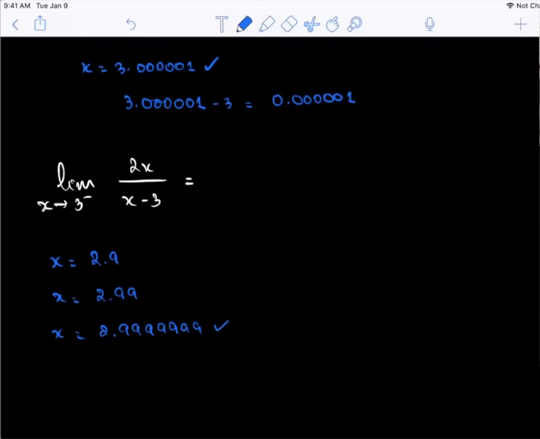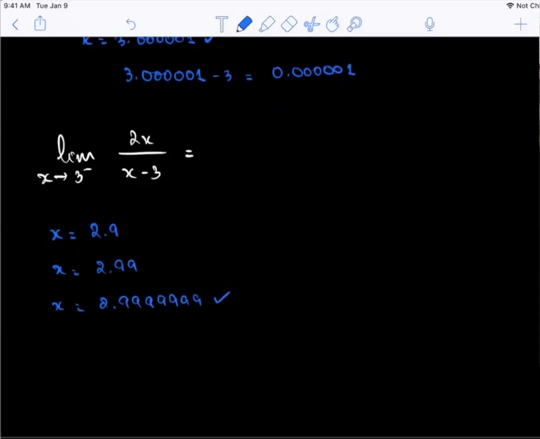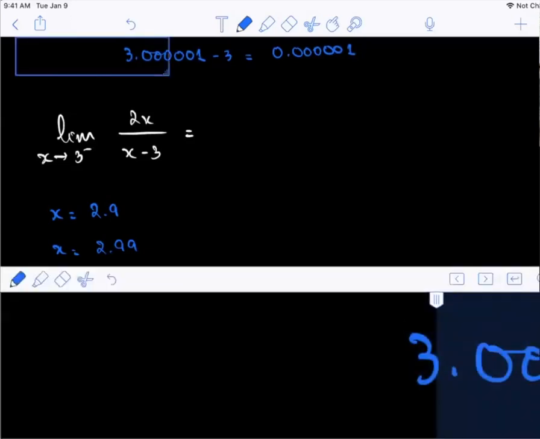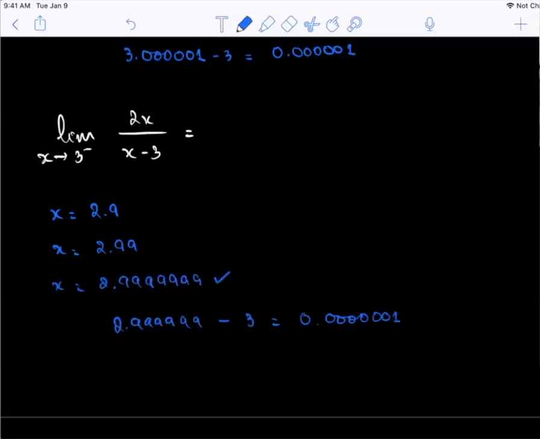If you choose this number and substitute that into the fraction, you will find out that 2.999999 minus 3, you will have something like negative 0.000001, a very small number. Once again, this small number is in the denominator.